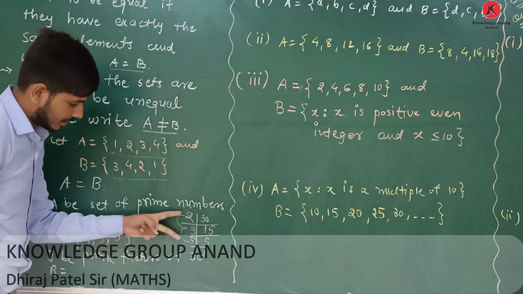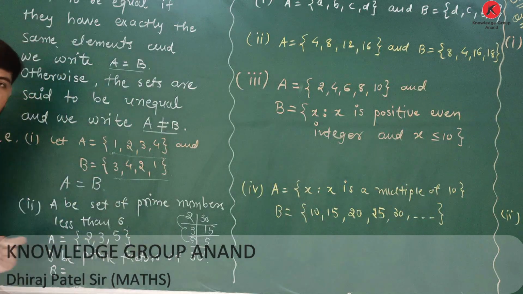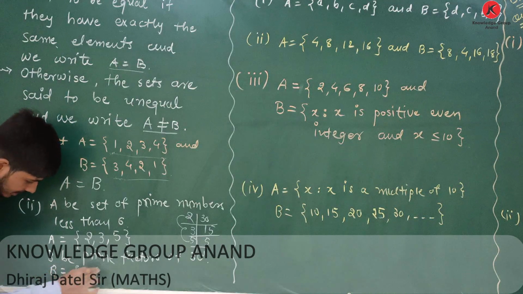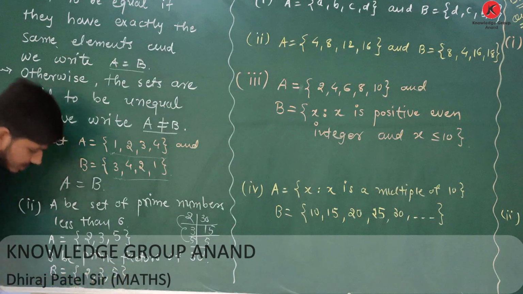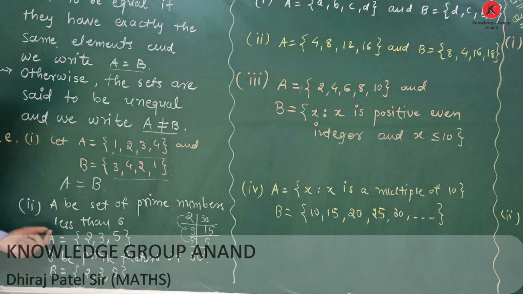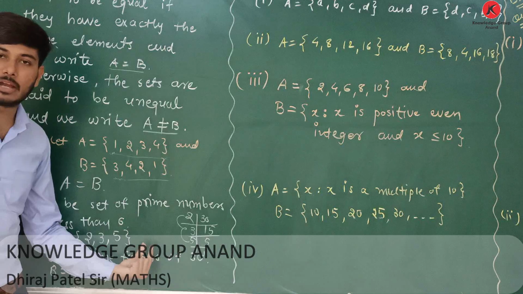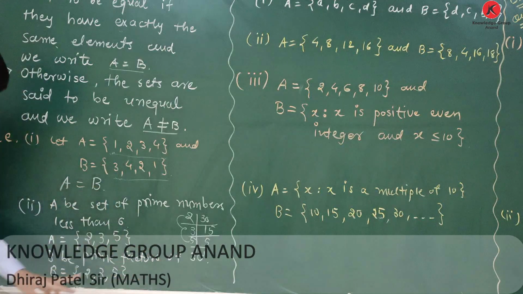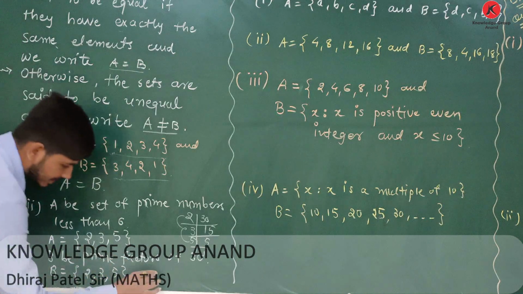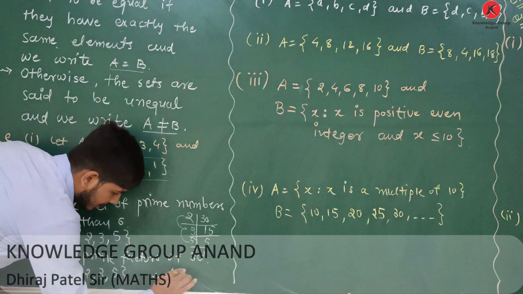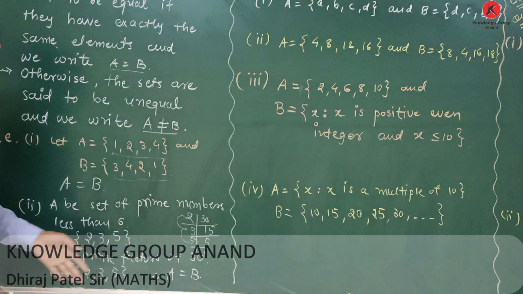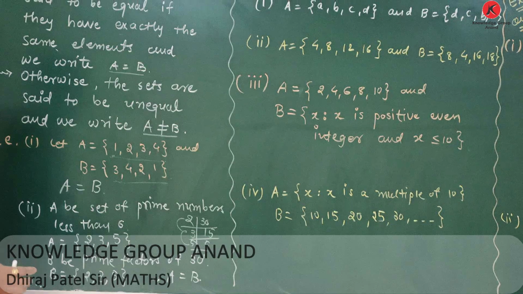Therefore, these three elements are the prime factors of 30. Therefore, set B has three elements which are 2, 3 and 5. Now see here, set A has 3 elements 2, 3, 5. The same elements are in set B: 2, 3, 5. Therefore, we can say that A equals B. Therefore, A and B are equal sets.